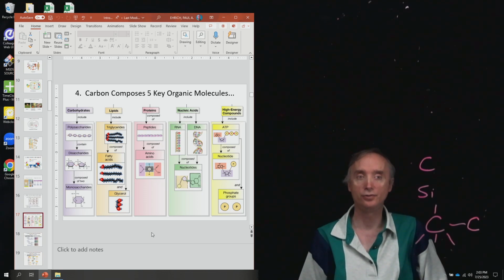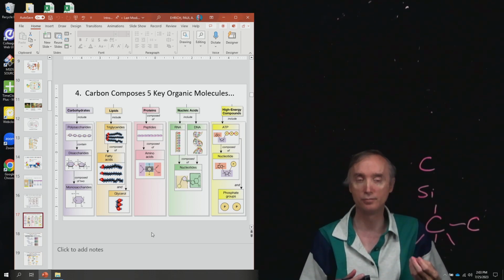Okay, can you name the 5 key organic molecules found in living organisms? All right, so you have carbohydrates, and another name for carbohydrates is sugars. You have lipids. Another name for a lipid is a fat. Okay, then you have proteins.